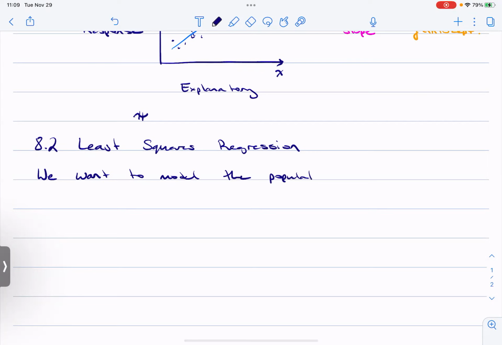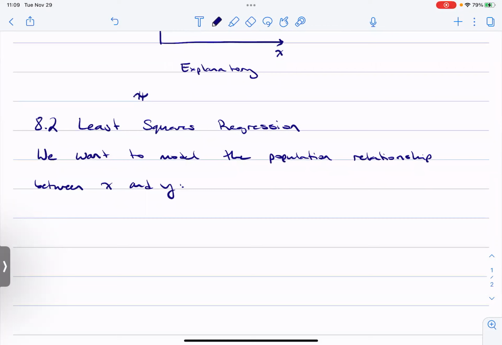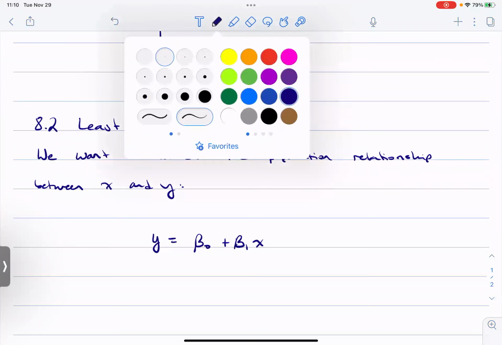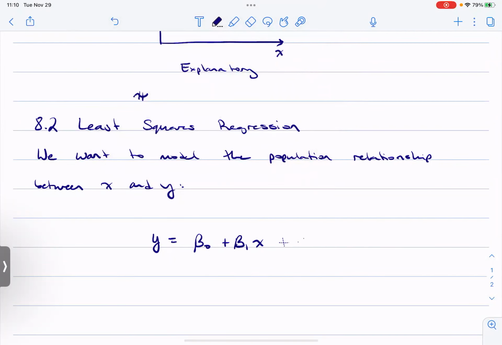So the population relationship between X and Y. What that looks like is you've got Y is beta naught plus beta 1 X. And then I'm going to do it in kind of a dotted line because I don't want you to think too much of it, but there is an error term on there, which is the noise that this line doesn't capture.